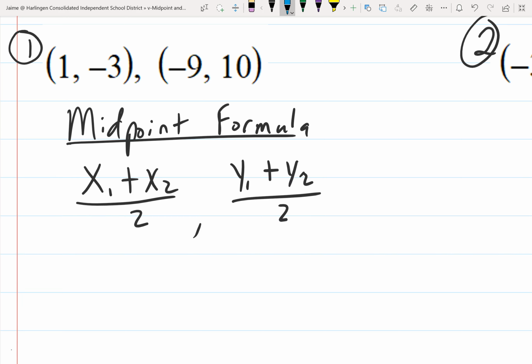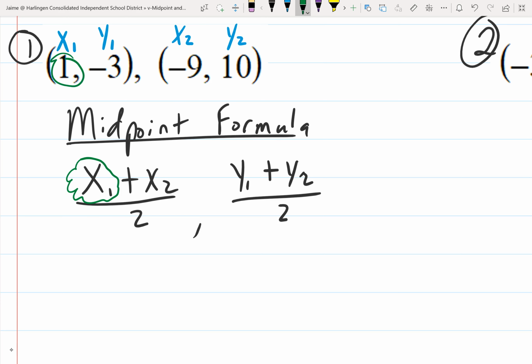Okay? So we're going to look at the points in number 1, and we're going to label them. That's x1. That's y1. Why? Because they're my first points. That's x2. That's y2.